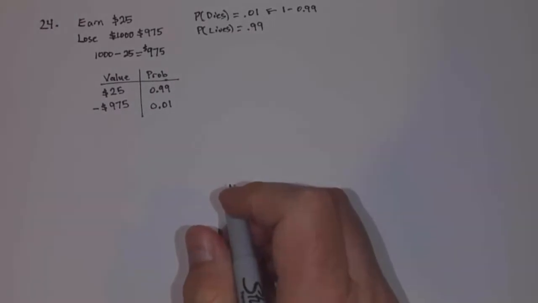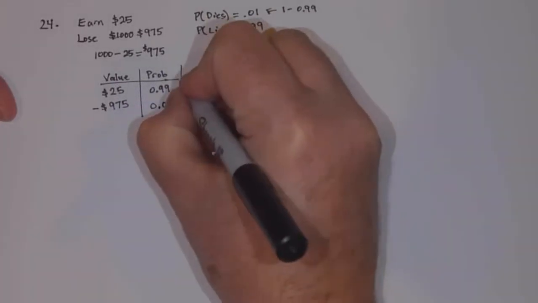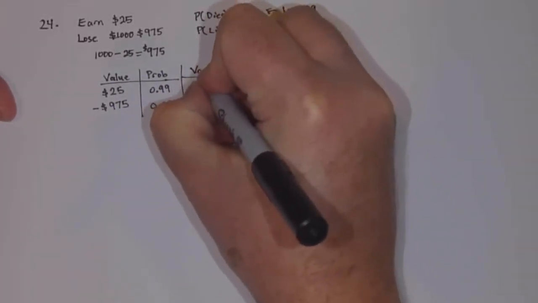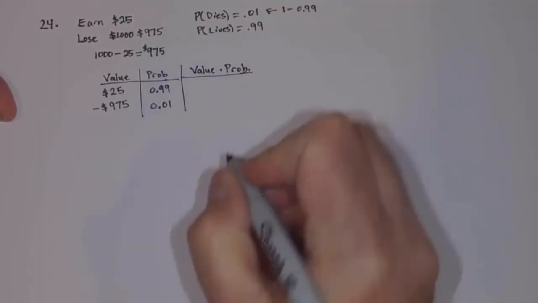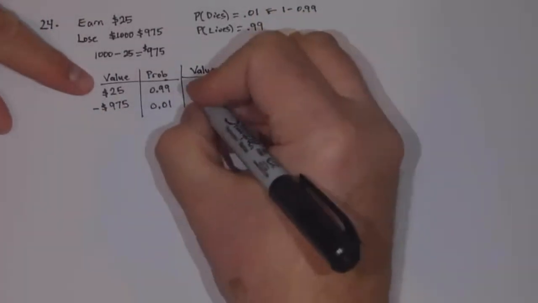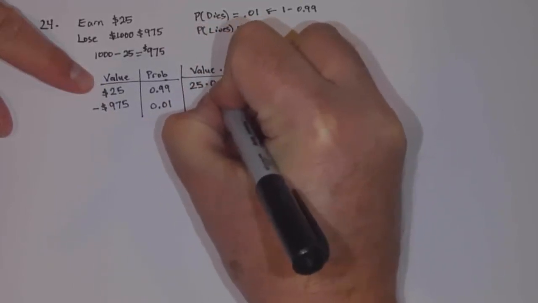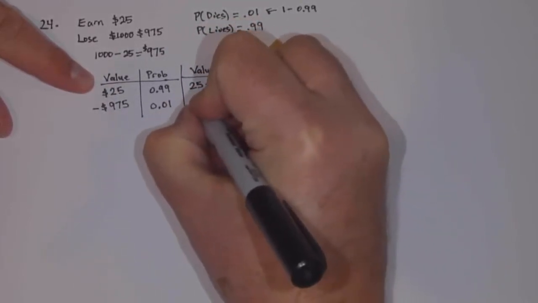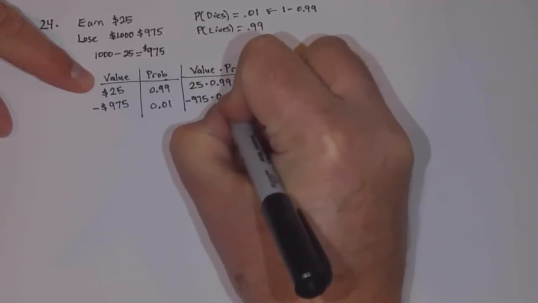Okay? So we're trying to find the expected value. So we're going to take each value times the probability that corresponds to that. In other words, I'm going to take the $25 times the 0.99, and I'm going to take the negative $975 times the 0.01.